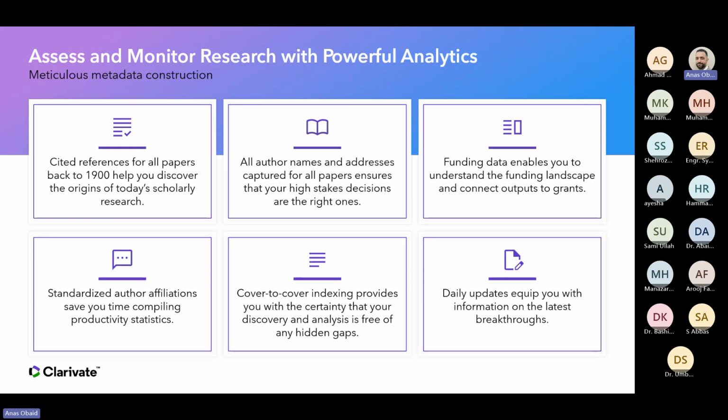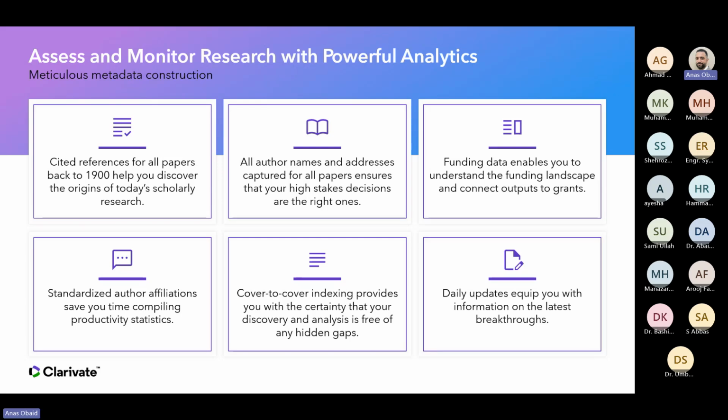So if any journal is really failing to match our selection criteria, it will be removed, or it will be downgraded if it's in the flagship citation indexes. And we also have funding information from 2008 till now. All the funding information will be available in the record. So this is what you have, and this is how you can be assured that you have access to the best of the best.